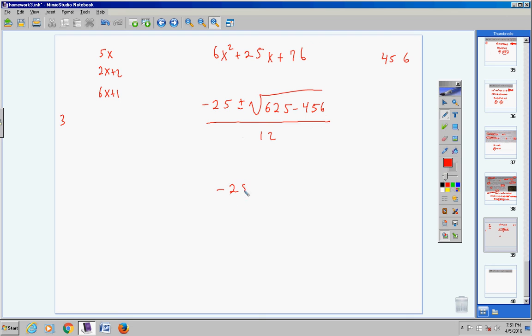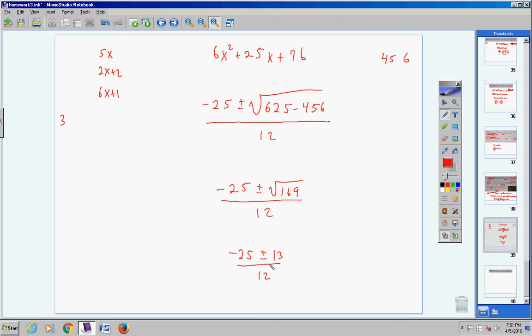So now I have negative 25 plus or minus the square root of 169 all over 12. And the square root of 169 is 13. So now I have negative 25 plus or minus the square root of 13 all over 12.